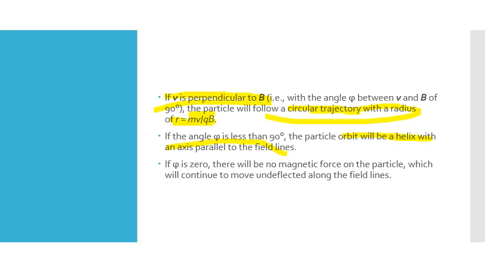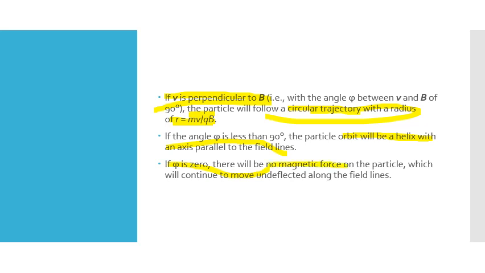So try to learn this again. What happens if phi is 0? There will be no magnetic force on the particle, which will continue to move undeflected if phi is 0.